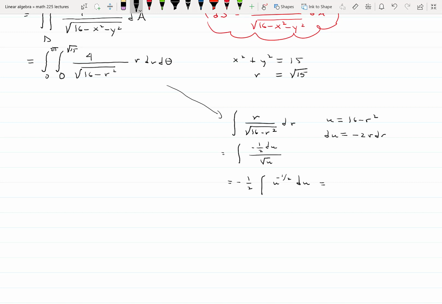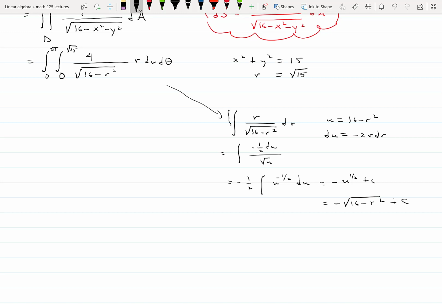Adding 1 to the exponent, you get u to the 1/2 over 1/2. So this becomes minus u to the 1/2 plus a constant, or minus the square root of 16 minus r squared plus a constant.